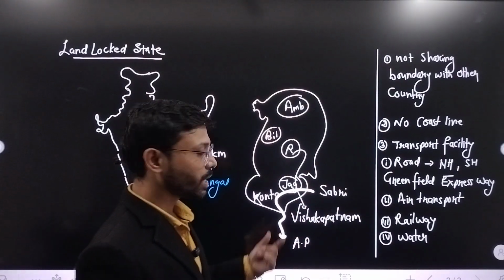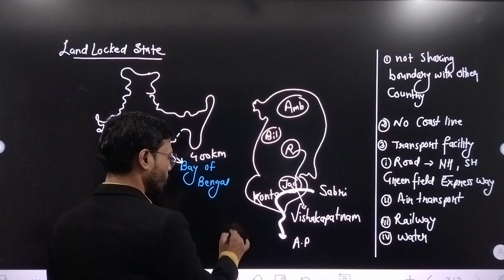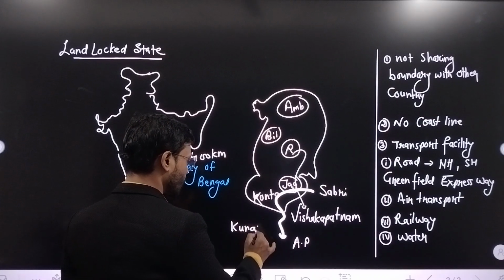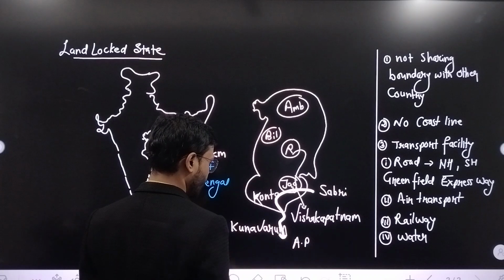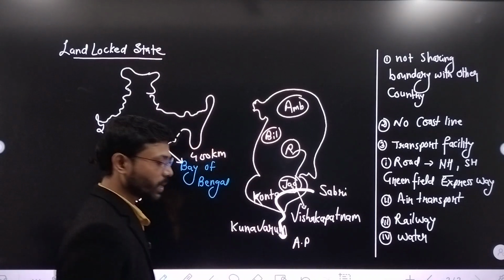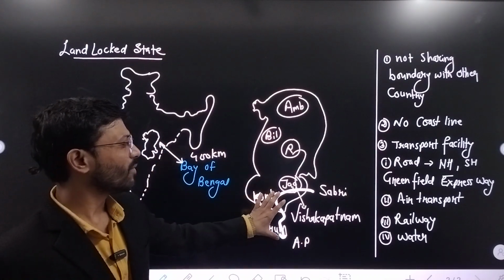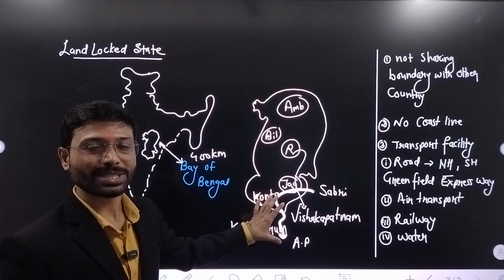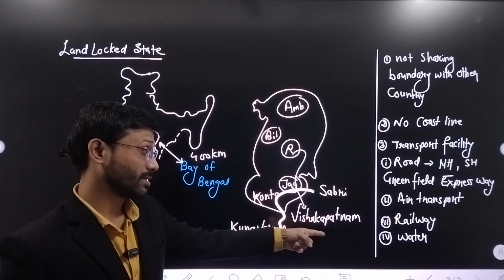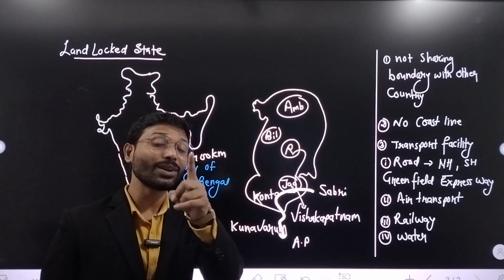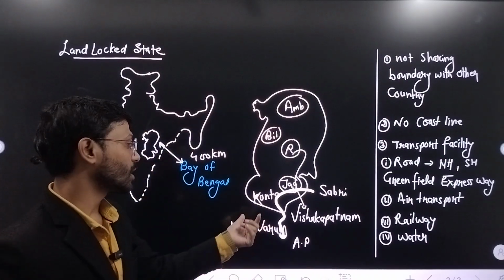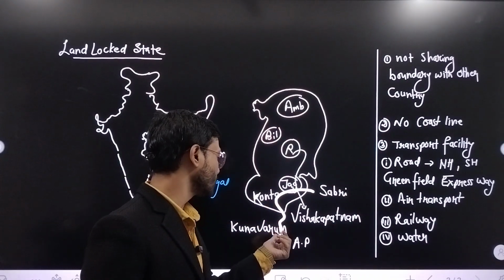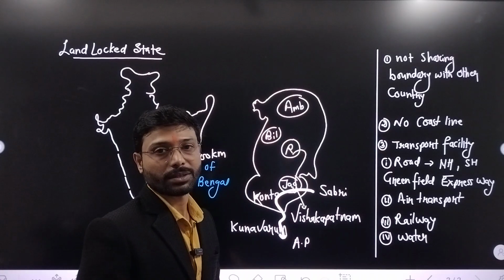And the name of this position is Kunavaram. You may also consider the name. This is the place. You have a small water transport facility, but it is important because it is the only transport facility we have, from Konta to Kunavaram, Andhra Pradesh.